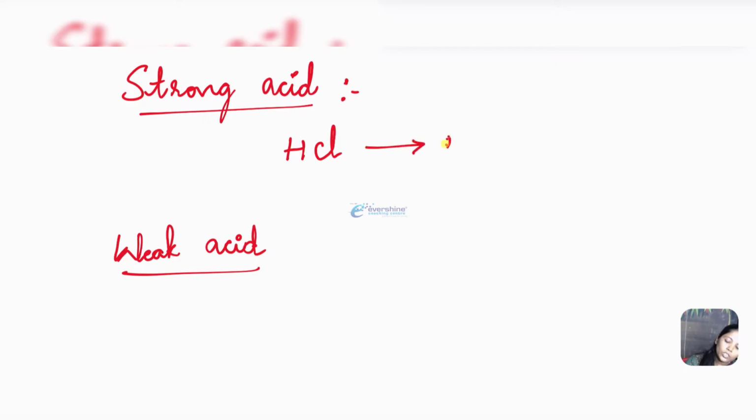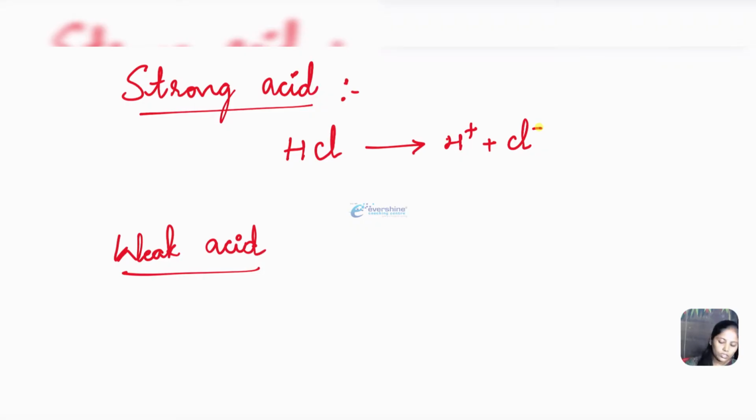Okay, so then the next topic is strong acid and weak acid. What do you mean by strong acid and weak acid? Strong acid means an acid which completely splits into ions when it is diluted.